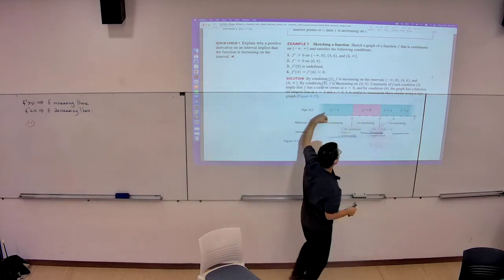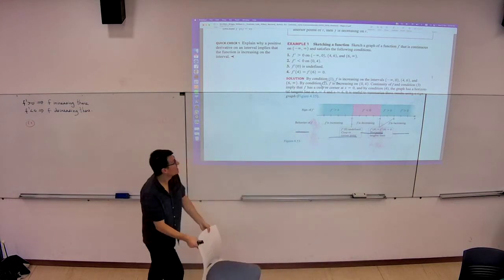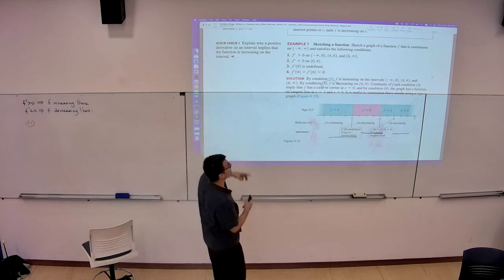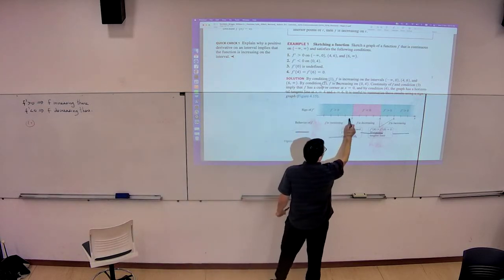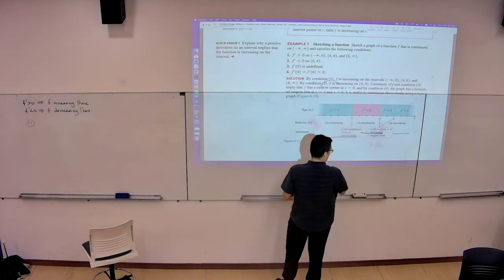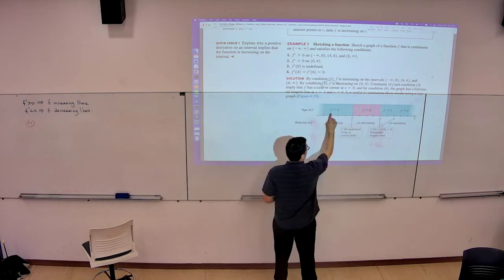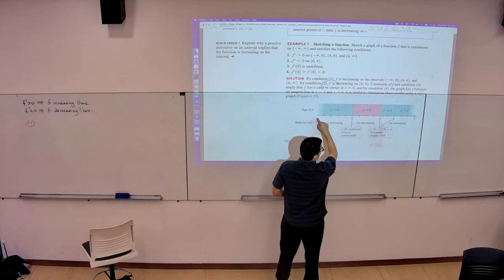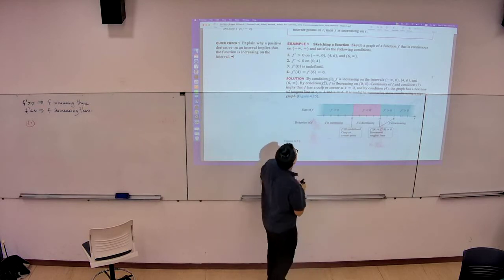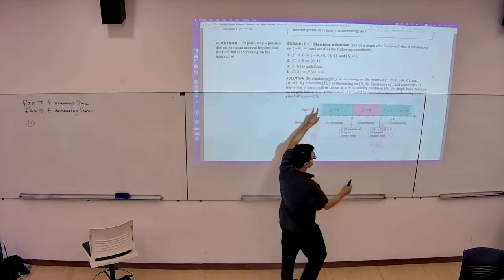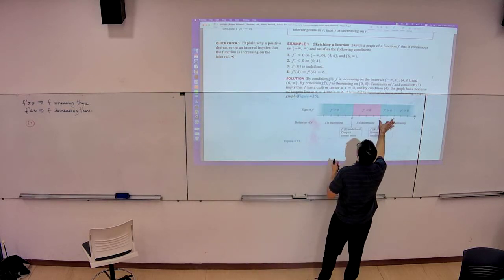But we're told, in part 1, that f has positive derivative on negative infinity up to 0, all the way up to 0. So the derivative here is positive on negative infinity to 0. Then on the interval (4, 6), down here, the derivative is positive as well.